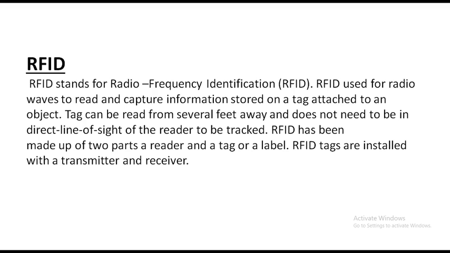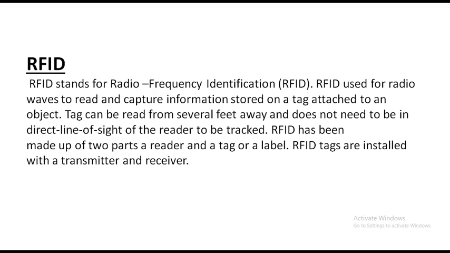If you have ever watched running competitions in the Olympic Games, they used RFID for that, because it is very difficult to know the first 3 places or the first 10 places.